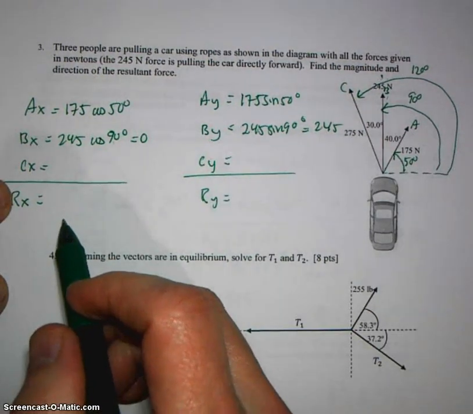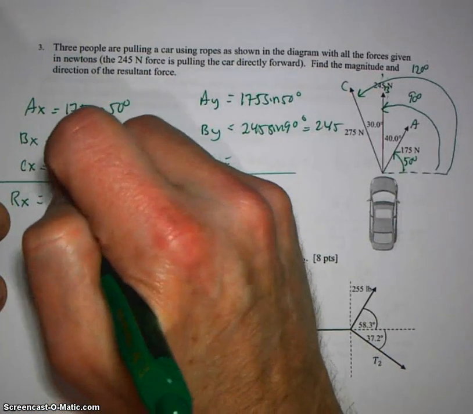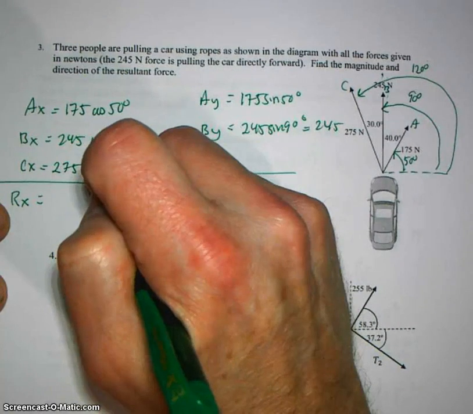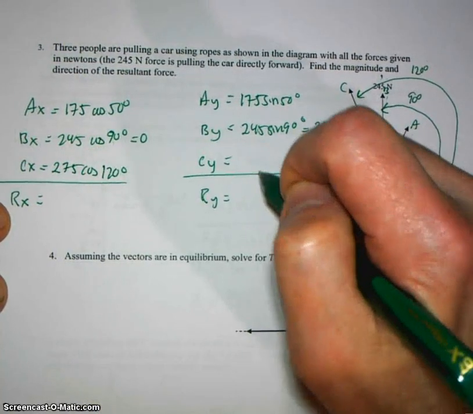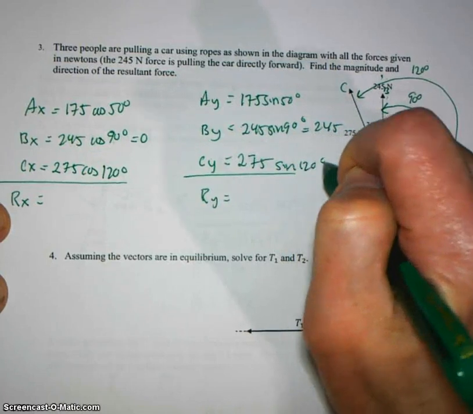All right, CX is 275 cosine 120 degrees, and CY is 275 sine 120 degrees.